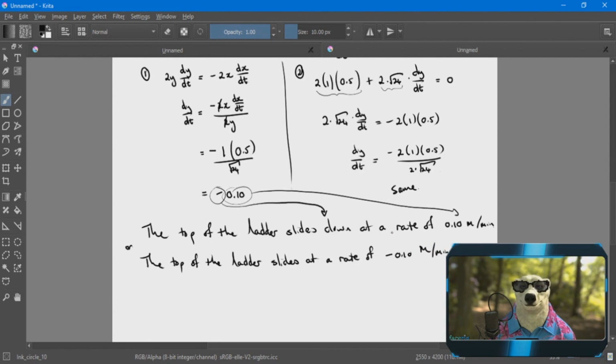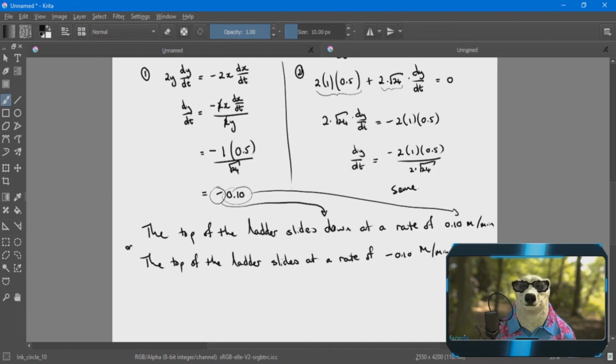You can choose which one you want. It's a little nicer to indicate the direction in words rather than the reader in general trying to figure out, what does this negative mean? Which way is it moving? You can interpret that negative and then separate that from the number because it's already in the down word. You're not going to say the top of the ladder slides down at a rate of negative 0.10. That is what you should not be saying.